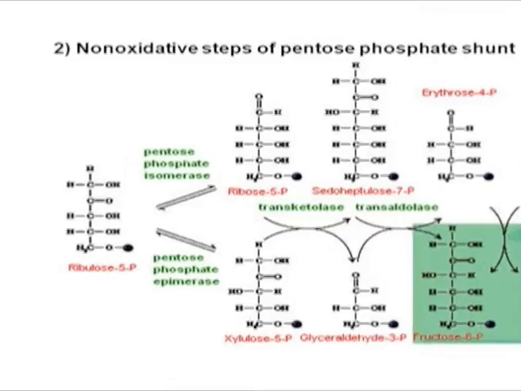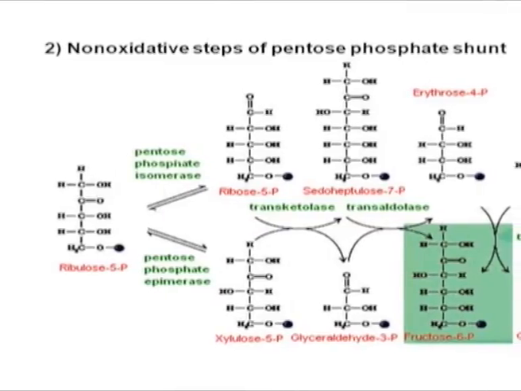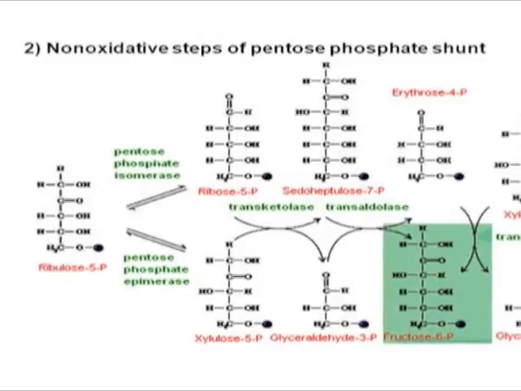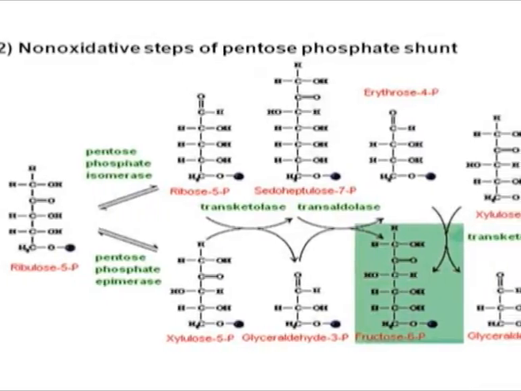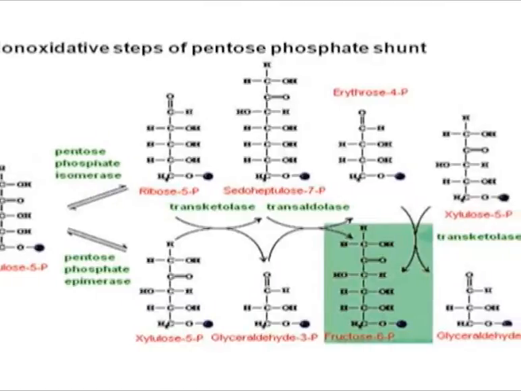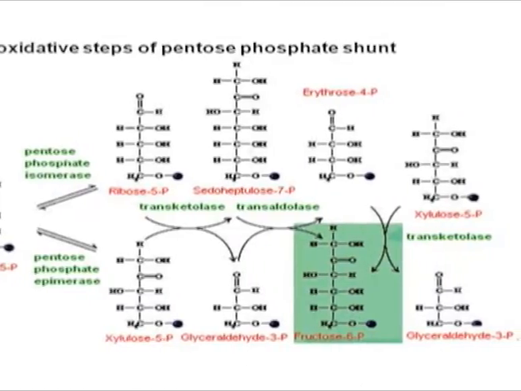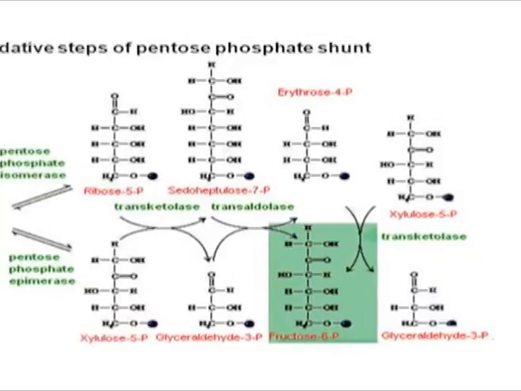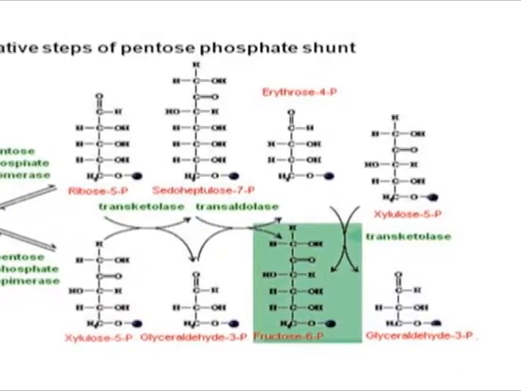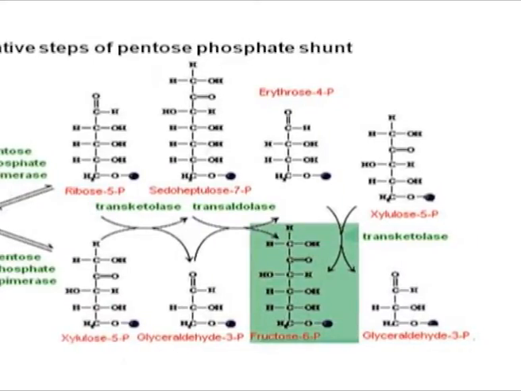The direction of the pathway depends on the body state. Ribulose 5-phosphate can reversibly isomerize to ribose 5-phosphate. Ribulose 5-phosphate can alternatively undergo a series of isomerizations as well as transaldolations and transketolations that result in the production of other sugar phosphates including fructose 6-phosphate, erythrose 4-phosphate and glyceraldehyde 3-phosphate.